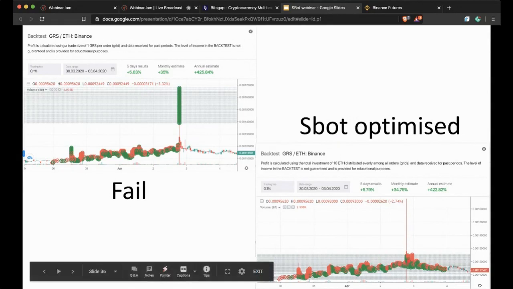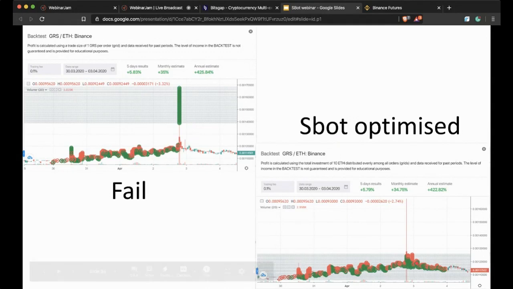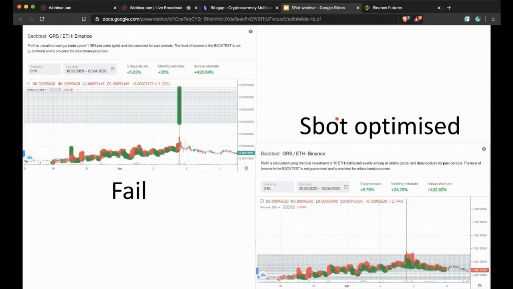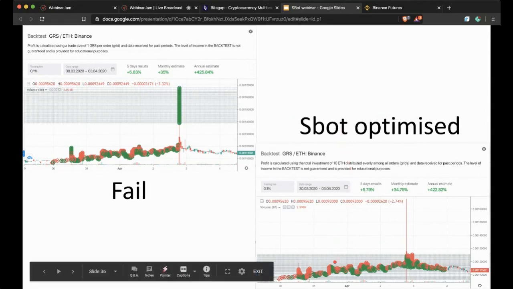So here is smooth performance. So that's what we are looking for. We don't want our portfolio to be exposed to huge market risk like this case. We want to have as smooth strategies as we can, and in this case, SBot is perfectly optimized to avoid such extreme volatility cases.